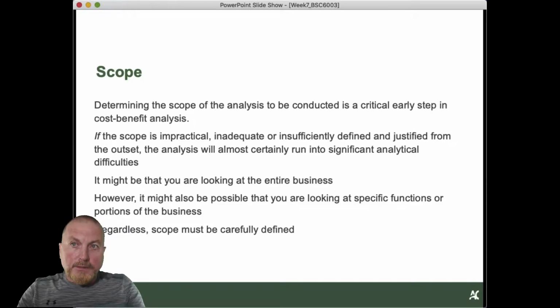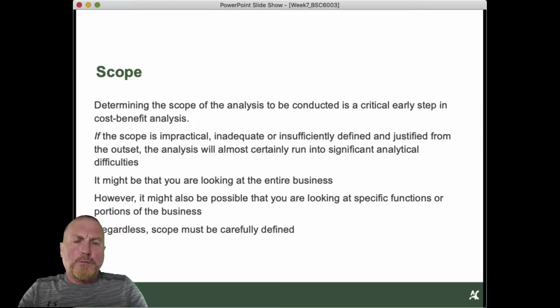All right, so now remember that one of the key issues of any sort of cost-benefit analysis is understanding the scope of the analysis that we're dealing with, right? So we know that the scope has to be practical.